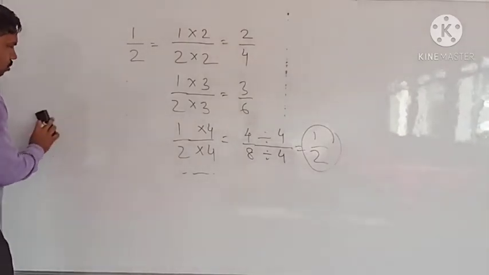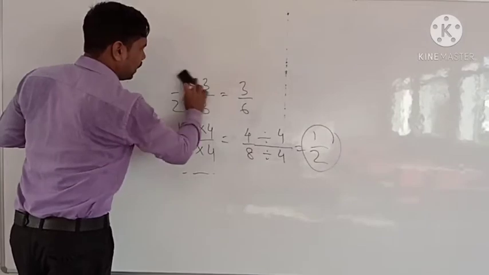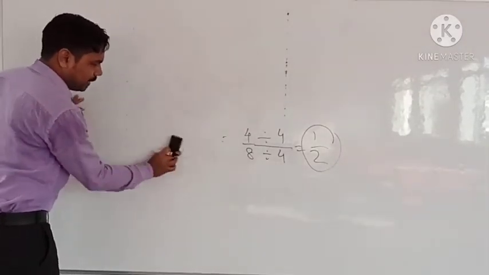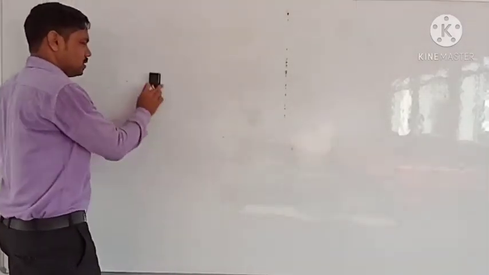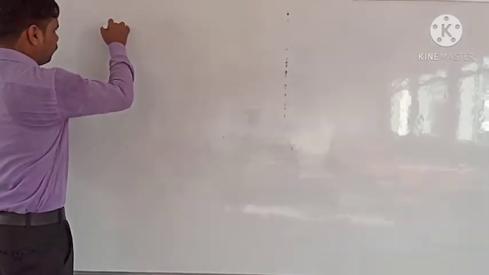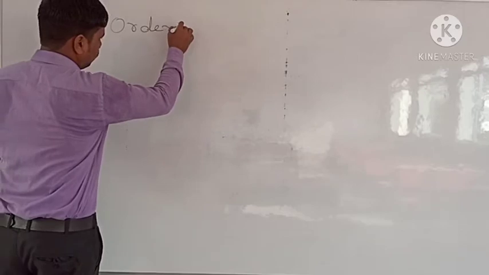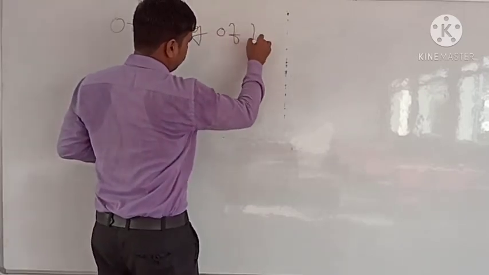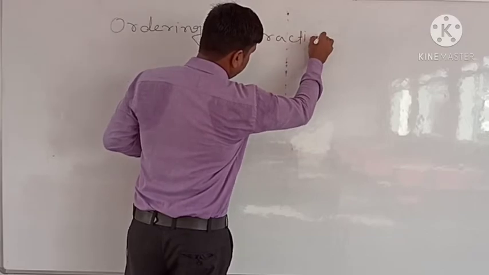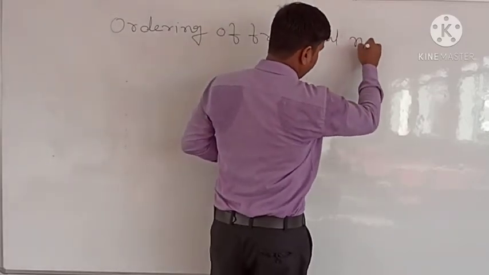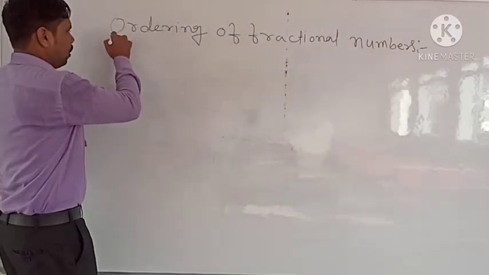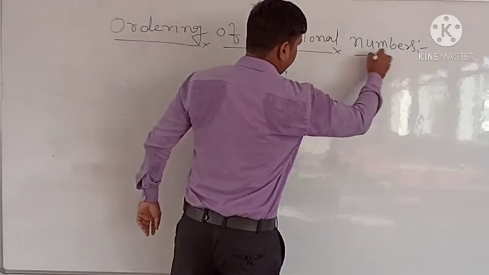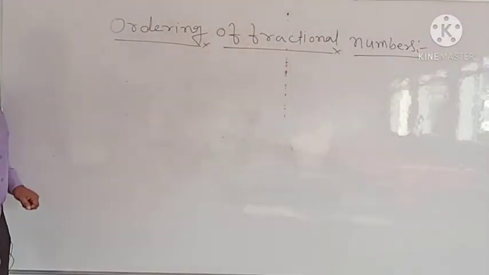If we are able to compare two fractional numbers, we can also order all those fractional numbers in either ascending or descending order as per the requirement of the question. So now we will see ordering of fractional numbers. How can we order the given fractional numbers in ascending or descending order?